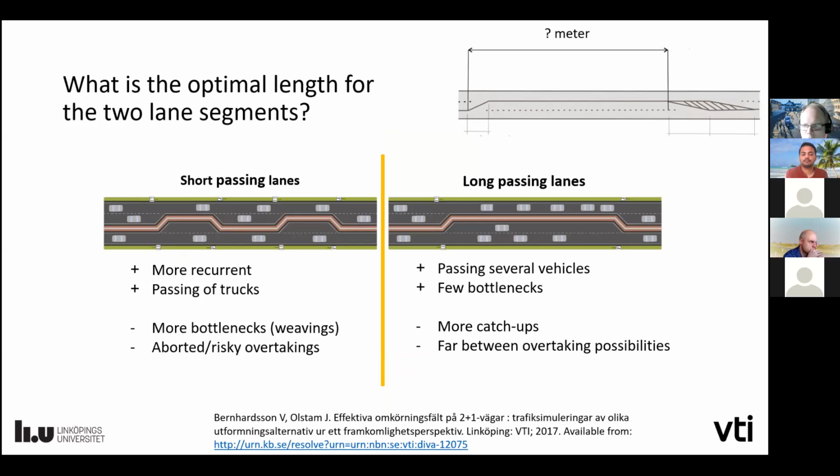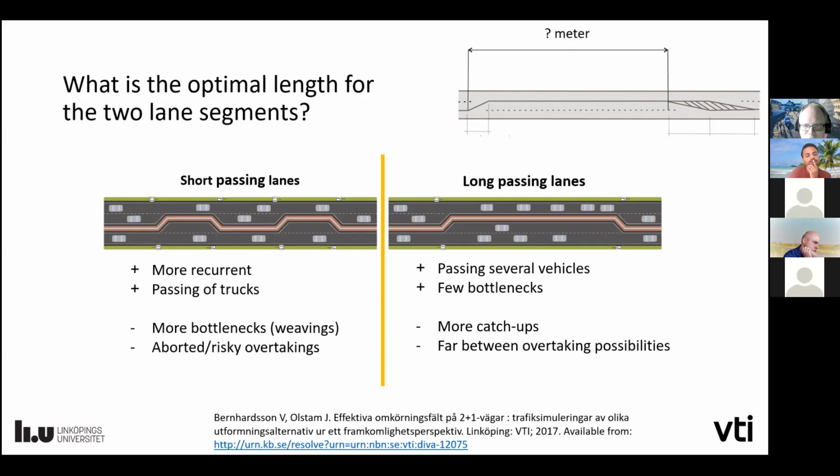In principle, we can have short or long passing lanes. If we have short passing lanes, the one-lane segments will be longer; if we have long passing lanes, the one-lane segments will be shorter, since it's going back and forth from the two different directions. So there are different pros and cons.